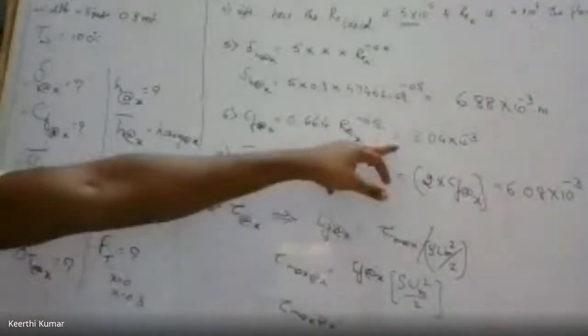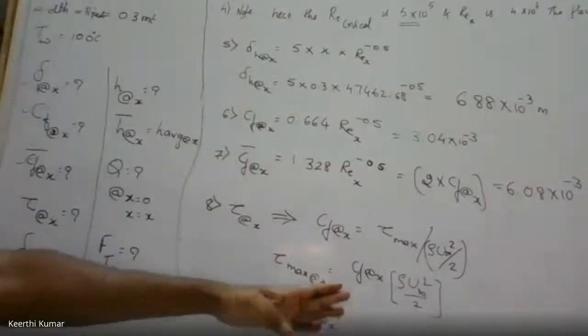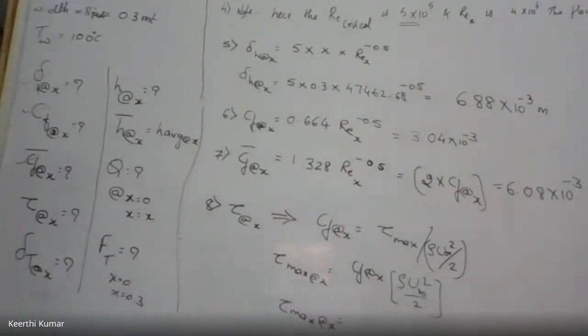Get the value of tau max. Tau max at x, or tau at x, that is also okay. Substitute CFX, we know 3.04 into 10 to the power of minus 3. Rho of air, we took the properties. U infinity is given as 3, that is squared, divided by 2. The entire value of tau x is how much?